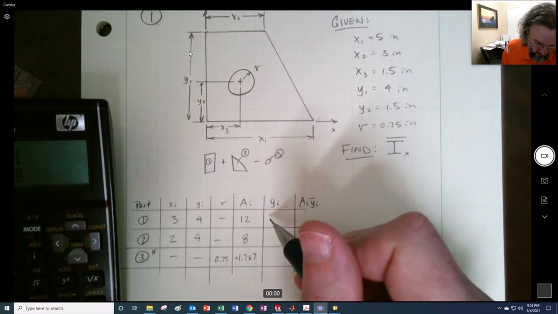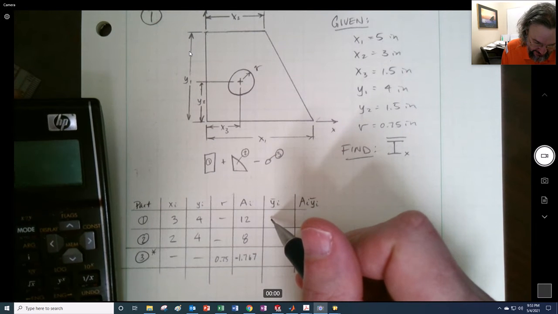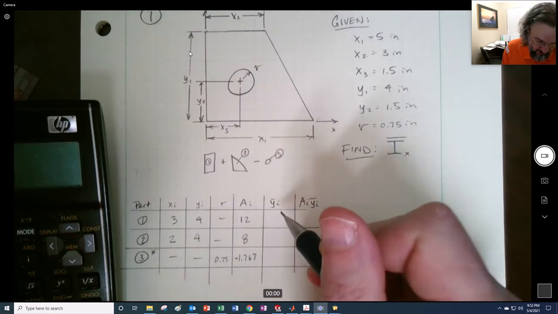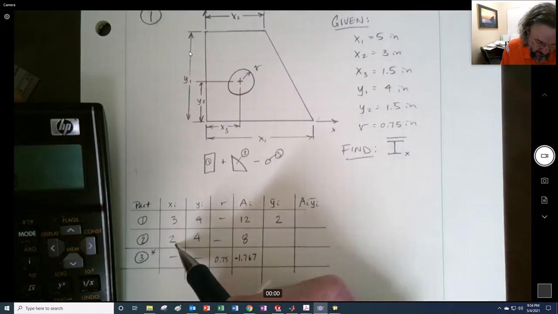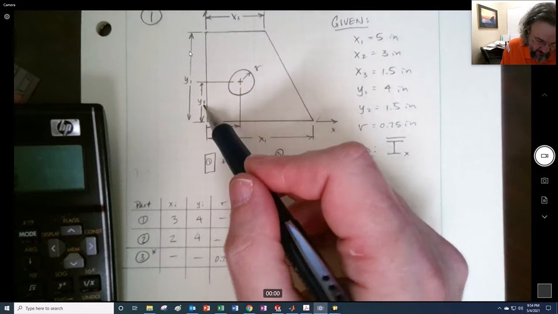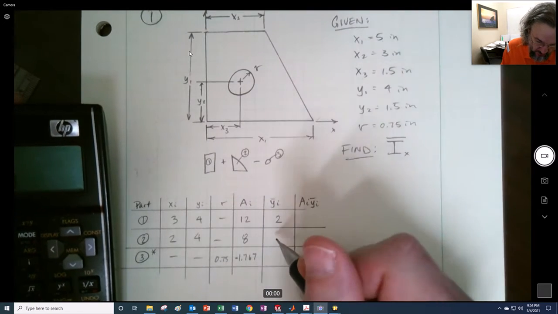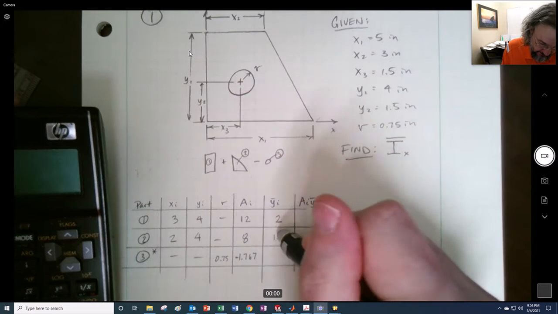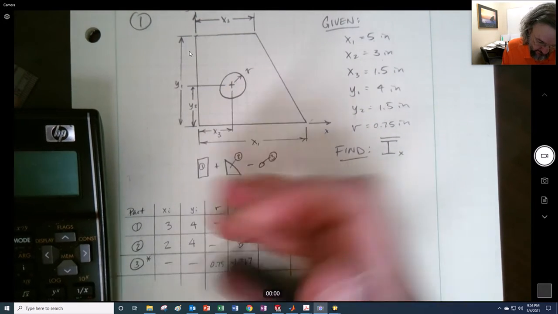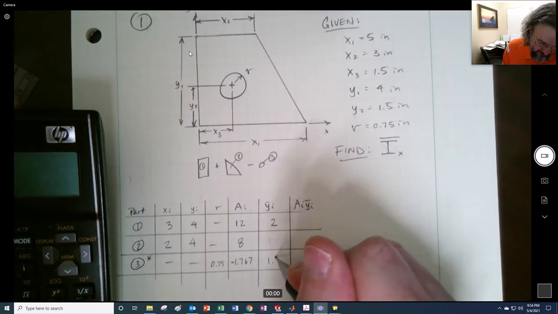Okay, and y bar here is simply going to be 1/2 of this, right? So it's just going to be 2. This y bar is going to be y2, or 1.5. Nope, dummy. This is going to be 1.5.